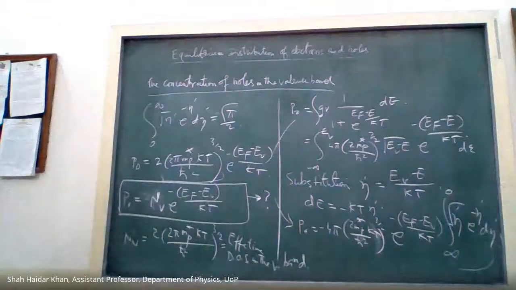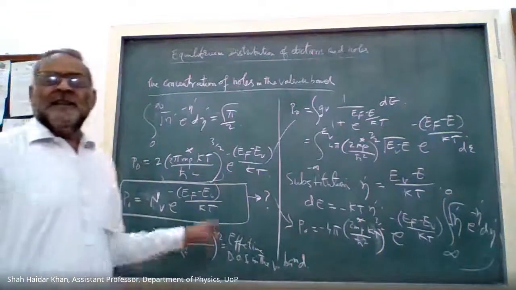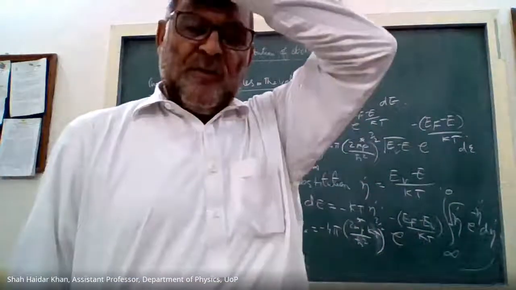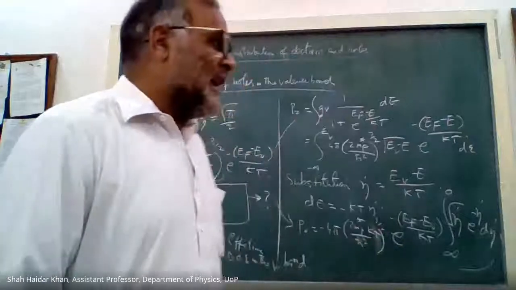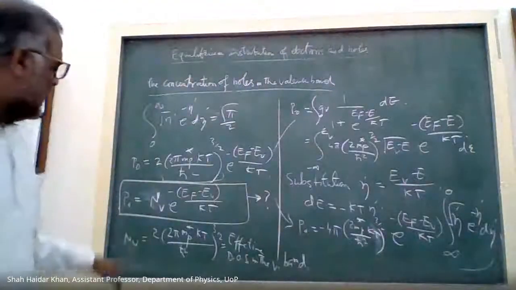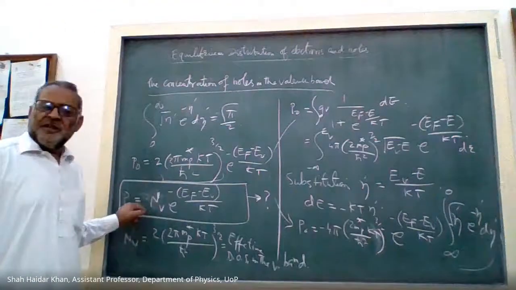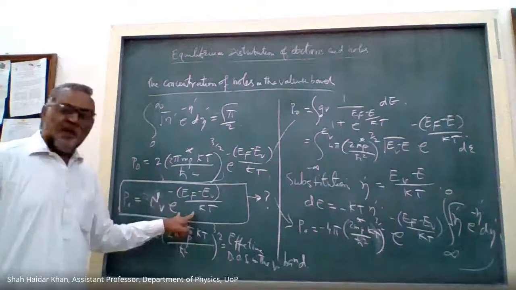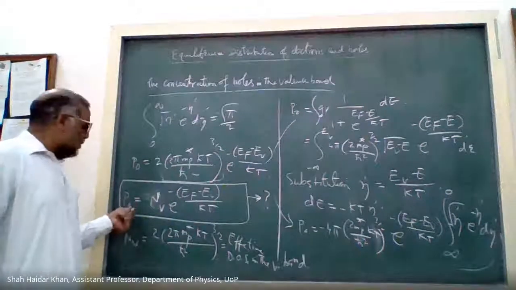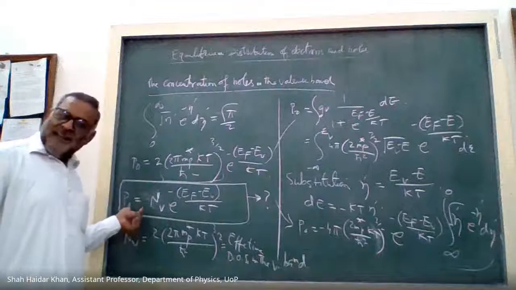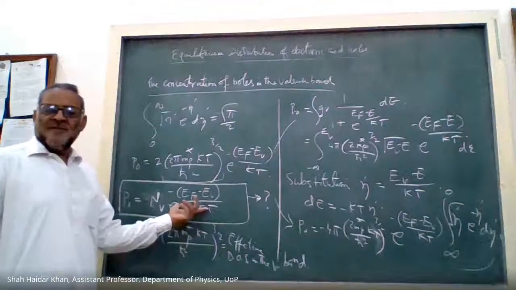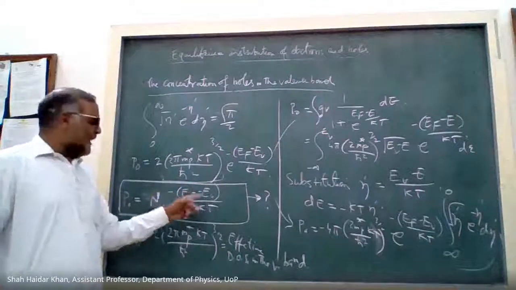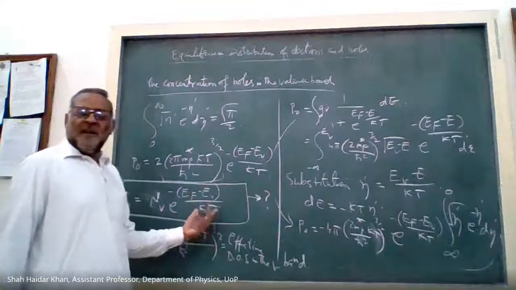So we got the equilibrium concentration of electrons in the conduction band, and the equilibrium concentration of holes in the valence band. The equilibrium concentration of holes, P naught, is directly proportional to the exponential of minus EF minus EV divided by KT.